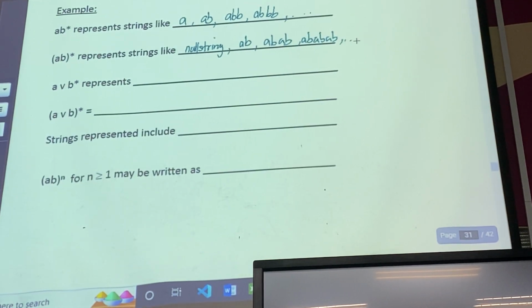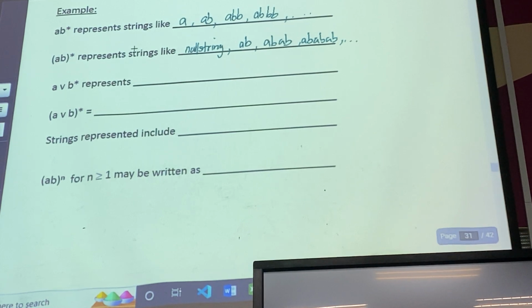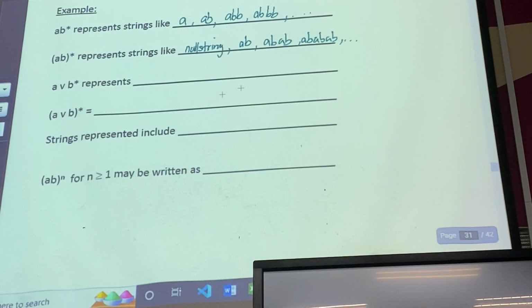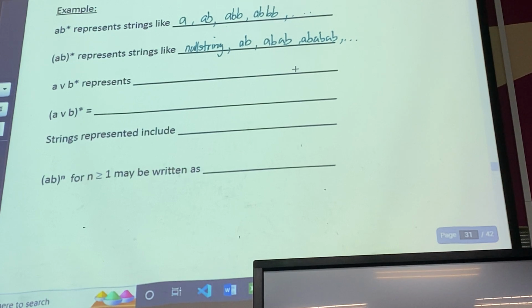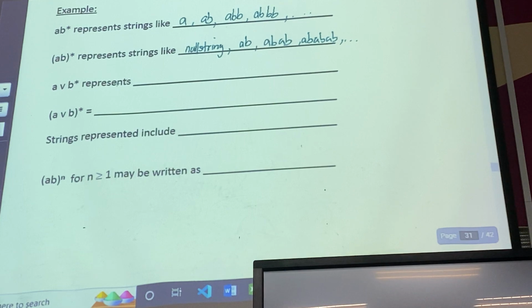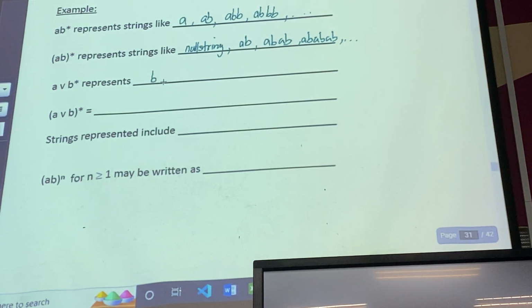How about this? (A or B) asterisk? What are the possible strings we can have? You give me the shortest first. B is the shortest. B can be 1 B or no B, right?